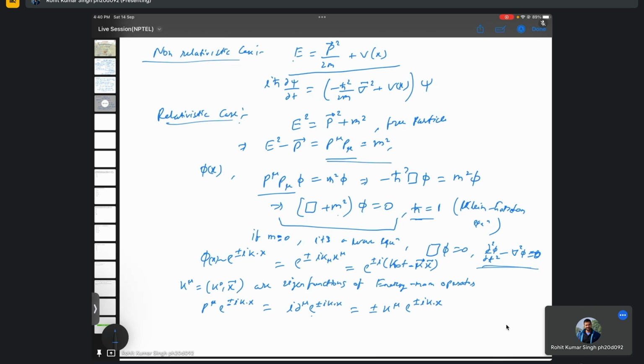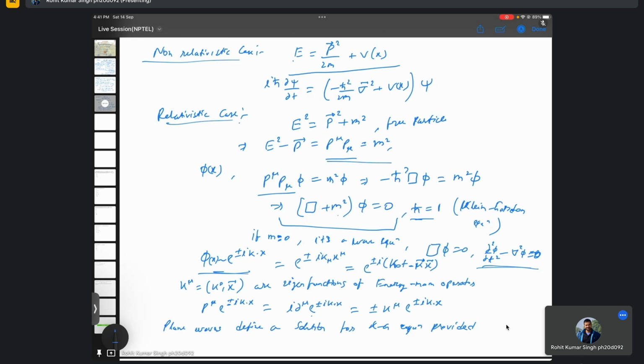Now, we say that plane waves given by this equation define a solution for the Klein-Gordon equation. But it has a condition.